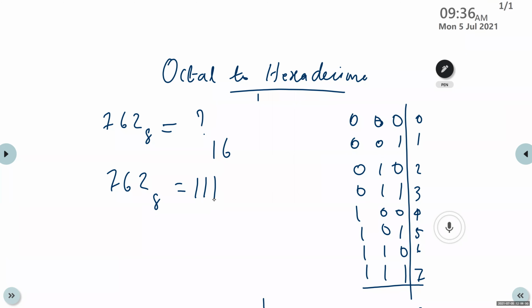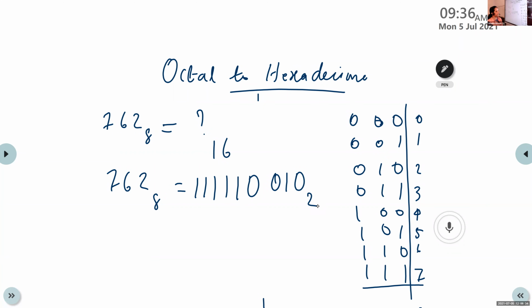What is the binary equivalent of 6? 110. Correct. 110 is the binary equivalent of 6. Then Pooja, what is 2? 2 is 010. So this is the binary equivalent of 762. I will represent 7 as 111, 6 as 110, and 2 as 010 using this 3-bit table.